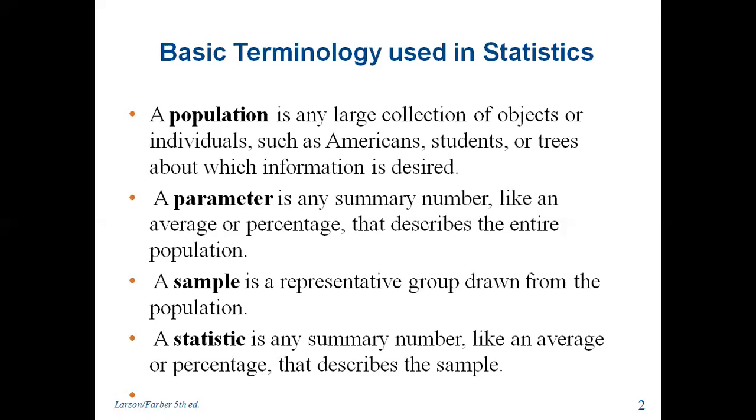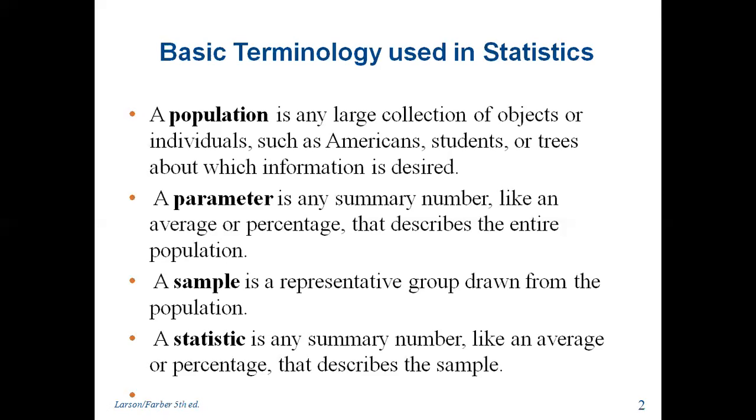So a sample is nothing but a representative group drawn from a population. We can take different samples from a given population. And a statistic is any summary number, like an average or percentage, that describes the sample.